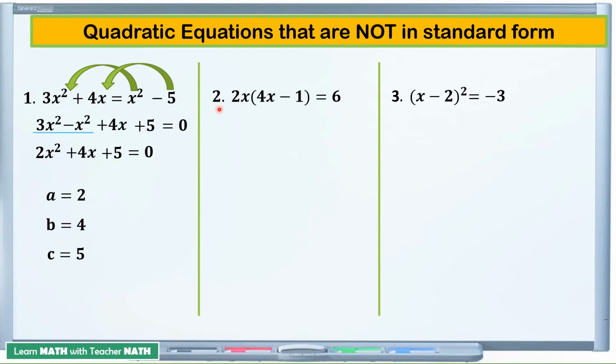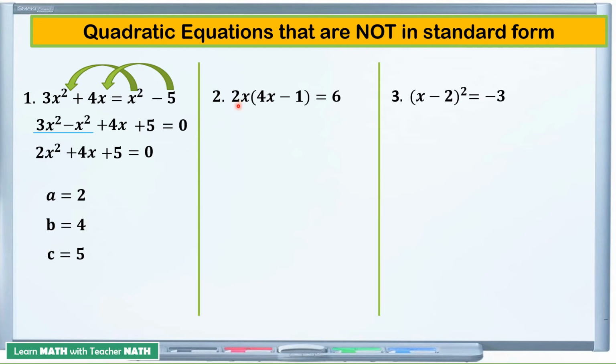Next example, number 2. So we have 2x multiplied to the quantity 4x minus 1 is equal to 6. So meron tayong binomial times monomial. So ang gagawin natin dito ay gagamitan natin ang tinatawag na distributive property.